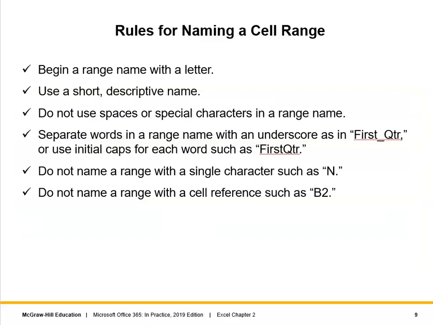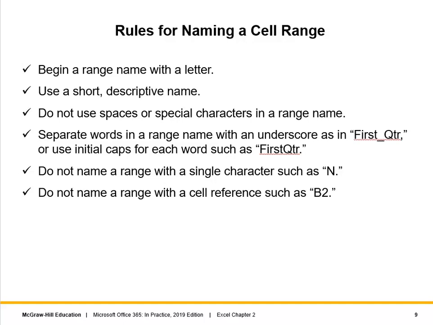A range name is a label assigned to a single cell or a group of cells. You can use range names instead of cell references in a formula. A named cell range is an absolute reference when it is included in a formula. You create range names from the name box or from the Defined Names group located in the Formulas tab.